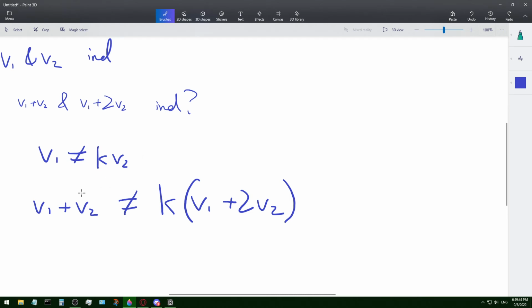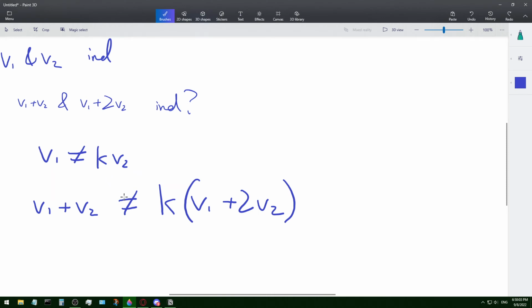which is that they're independent. So, let's start by putting v1s and v2s on separate sides. The reason we do that is because in the original one, v1 and v2 are on opposite sides.